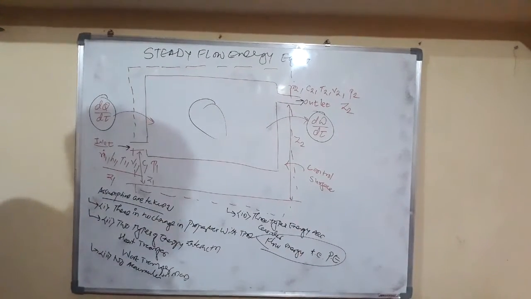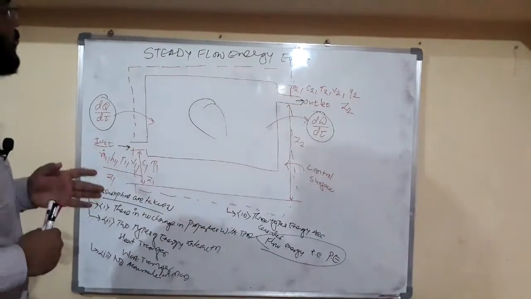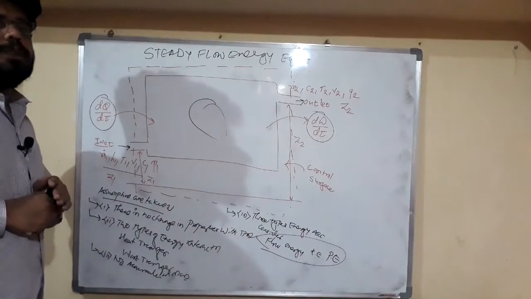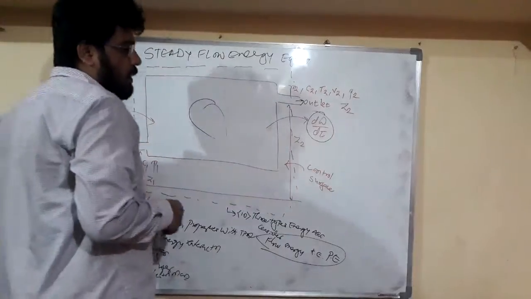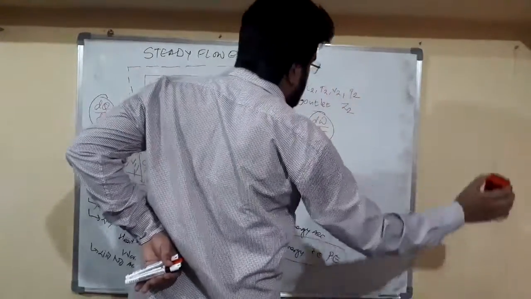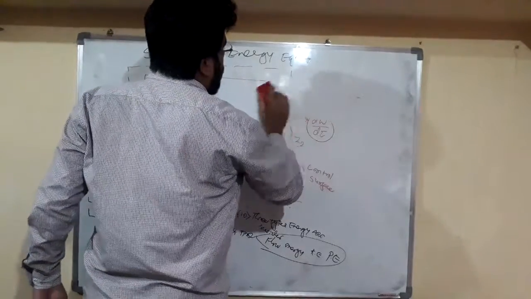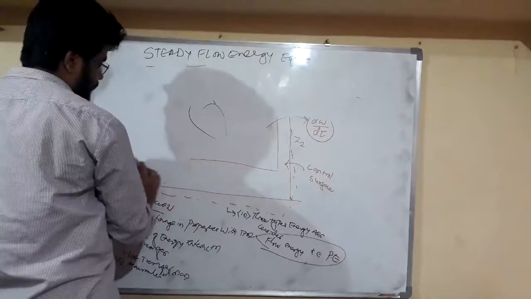Now friends, we will derive the steady flow energy equation. As we know, this is our open system. So in case of an open system, there is flow of mass and energy across the system boundary.